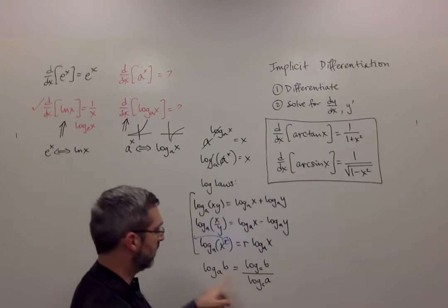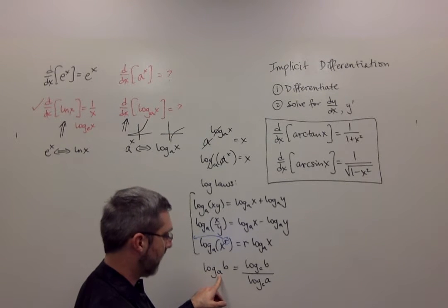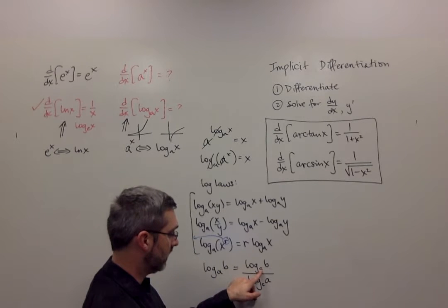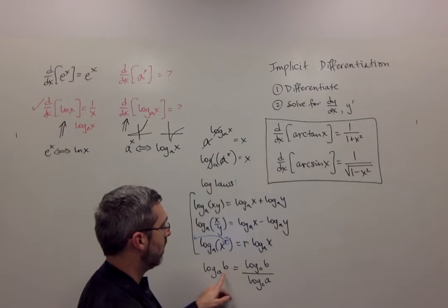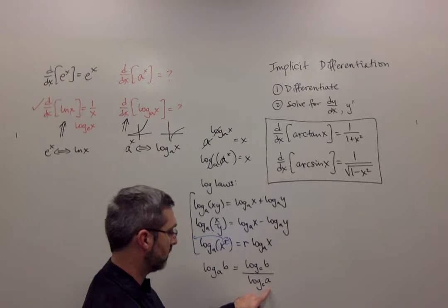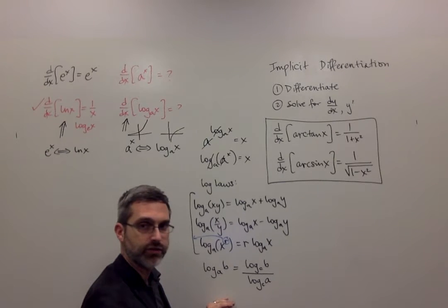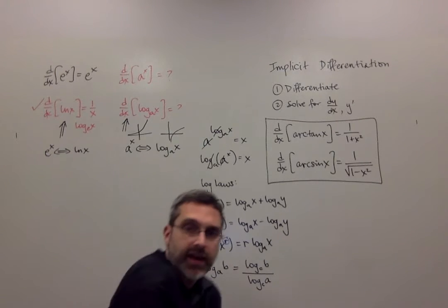So if I don't want to do log base a, and I want to do log base c, that's fine, but then I have to divide by this other term in order to make this equation work. I'm not going to prove why this equation is true, but this is a nice equation for changing bases.